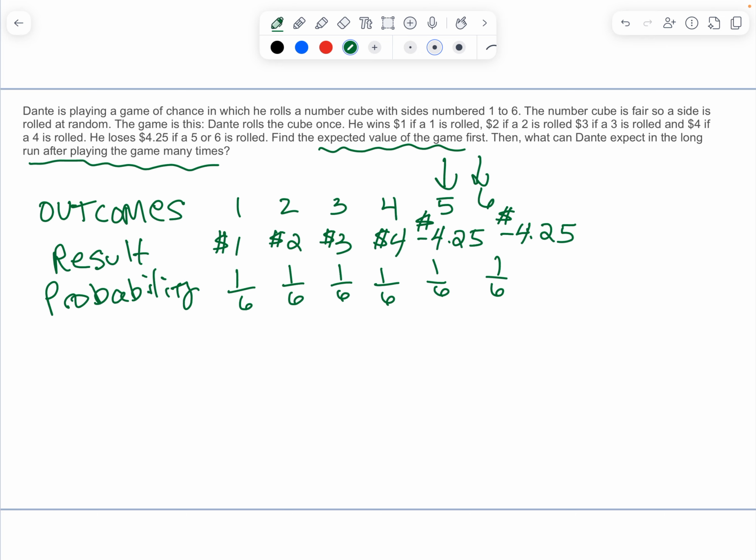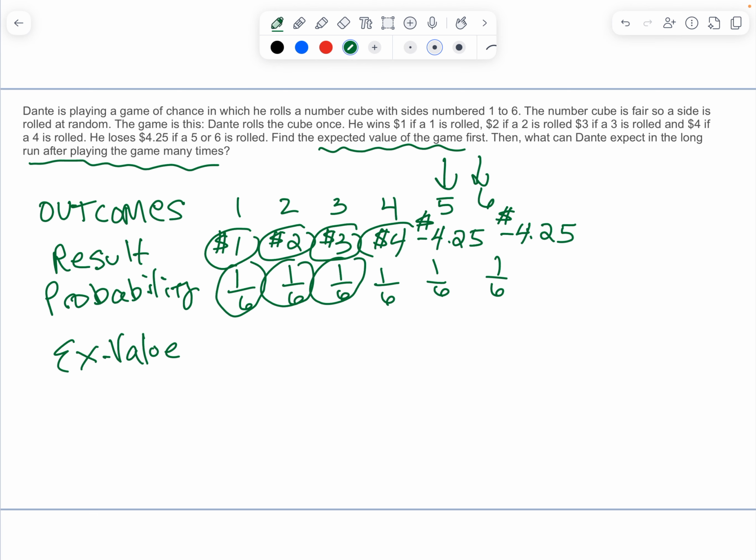All right, so just like in the last video, to figure out our expected value, we are going to multiply our result times our probability, right? And we're going to add these together. So I'm going to keep them in fraction form just because I don't mind fractions. You don't have to if you don't want to. So here we go. We're going to need some space for this.